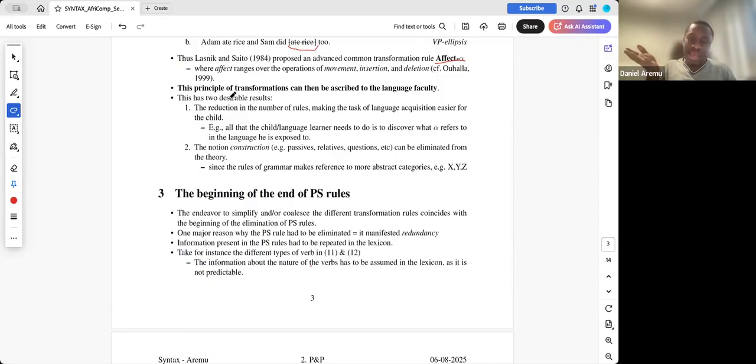So even though the underlying assumption remains, it's more like the tools, because the tools for the PS rule and the earlier stage of generative grammar, remember we said it was complex, it has many rules, and those many rules had to also be ordered.